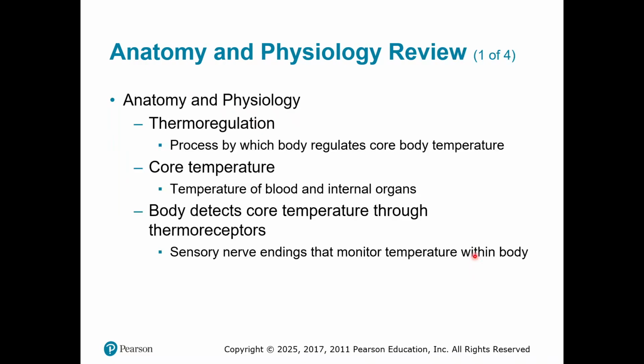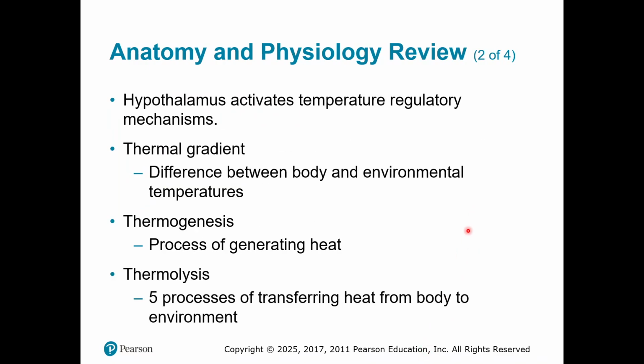Let's look at the anatomy and physiology. Let's look at thermoregulation. That's the process by which the body regulates the core body temperature. The core temperature is defined as the temperature of the blood and internal organs. The body detects core temperature through thermoreceptors, and those are sensory nerve endings that monitor temperature within the body.